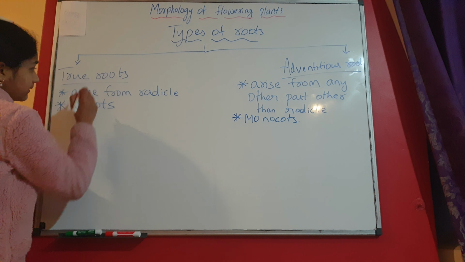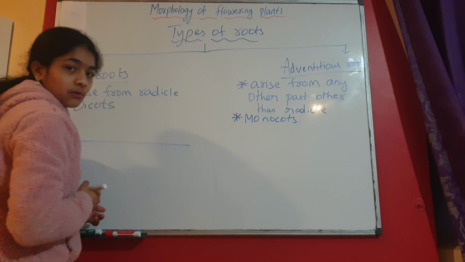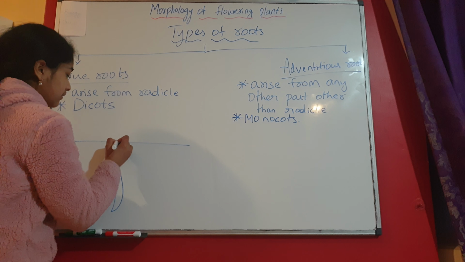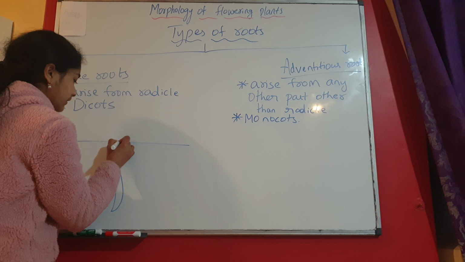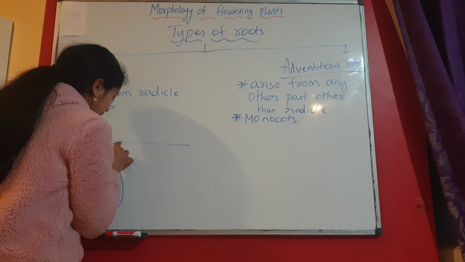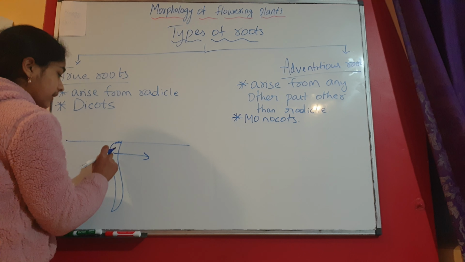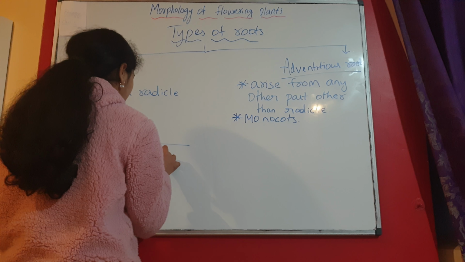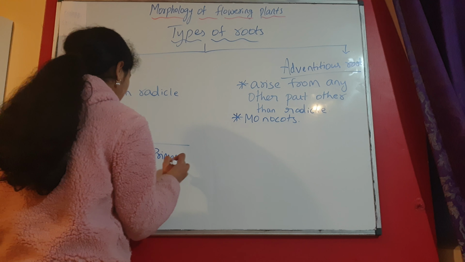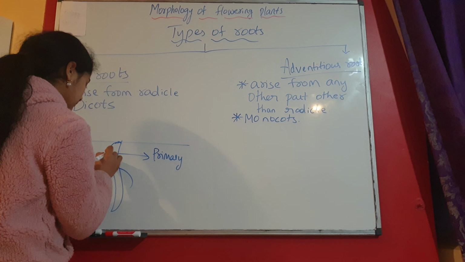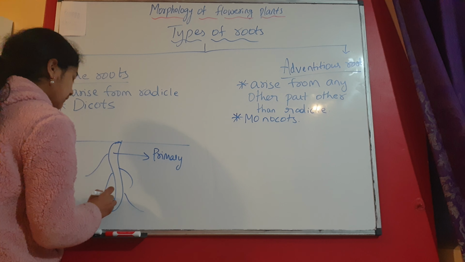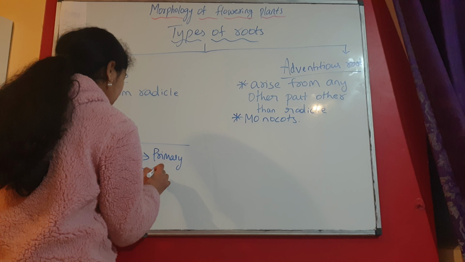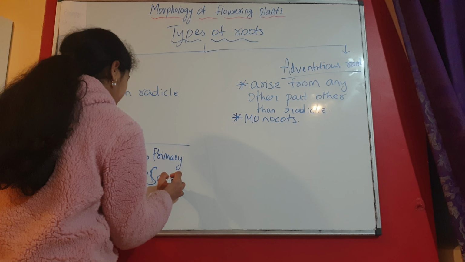So, for example, in case of true roots, if this is the ground and this is the root, this is the radicle, so from that it's arising. The root that comes directly from the radicle is called the primary root. And the lateral structures from the primary root are called the secondary roots.